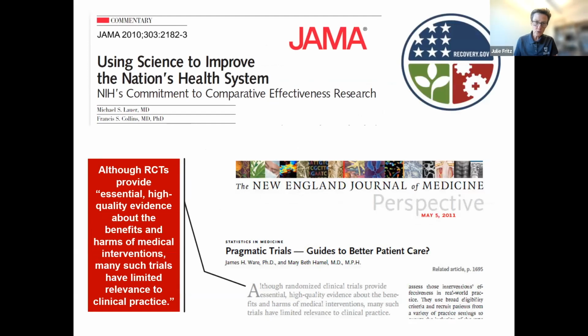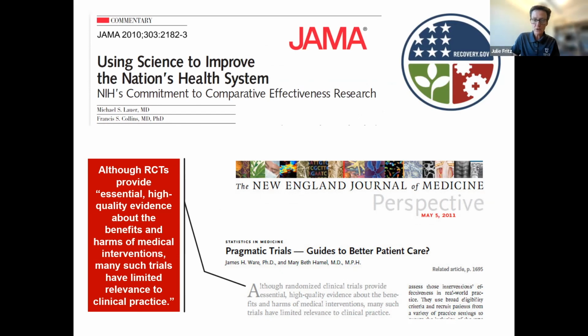And if we fast forward a bit, the next time that there was a great deal of interest growing in what we now understand to be pragmatic clinical trials really came about around the Recovery Act and the commitment to comparative effectiveness research that grew out of that.